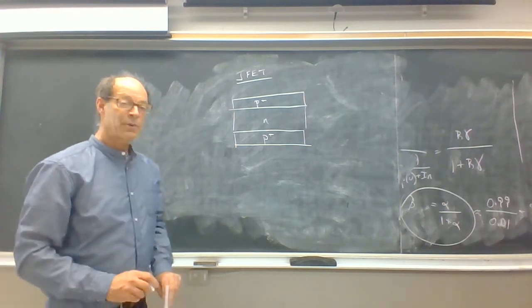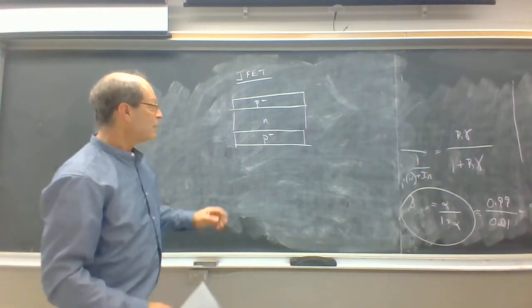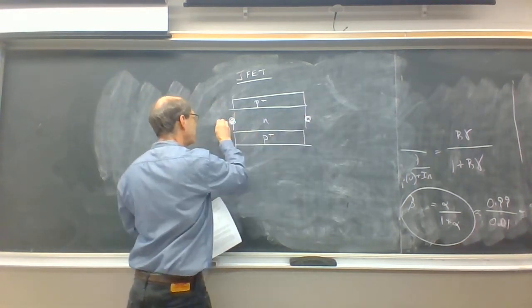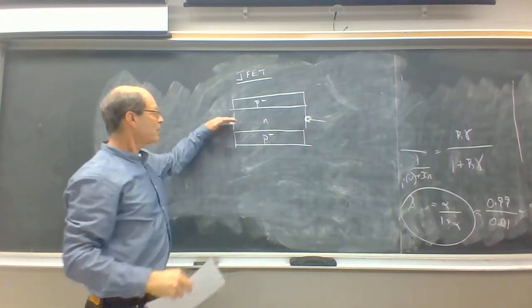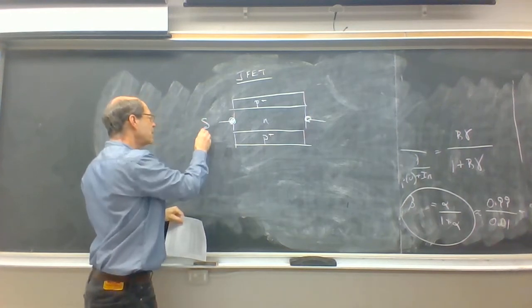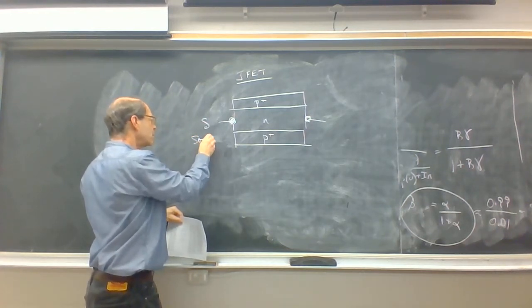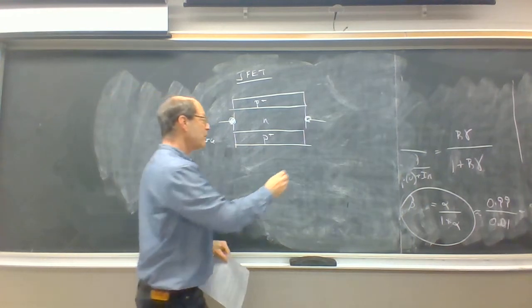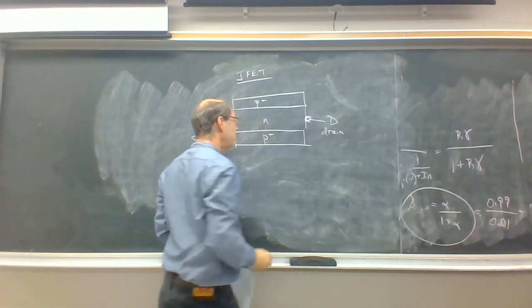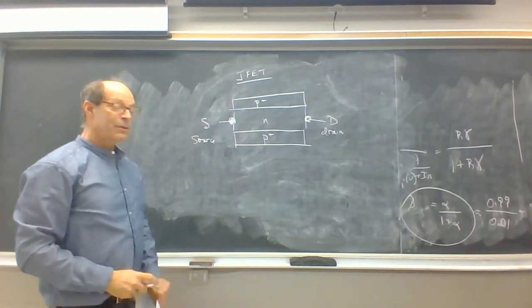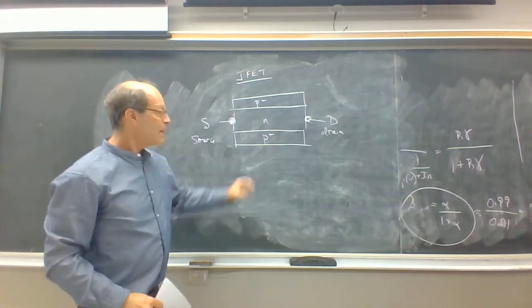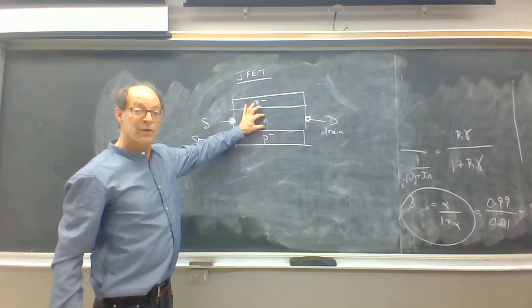So the principle of operation of a JFET is that the current that flows through the device flows through this N-type layer, in this case, from what we call a source with the letter S and a drain with the letter D. And the way in which we control the flow of current from the source to the drain is by varying the thickness of this N-type layer.